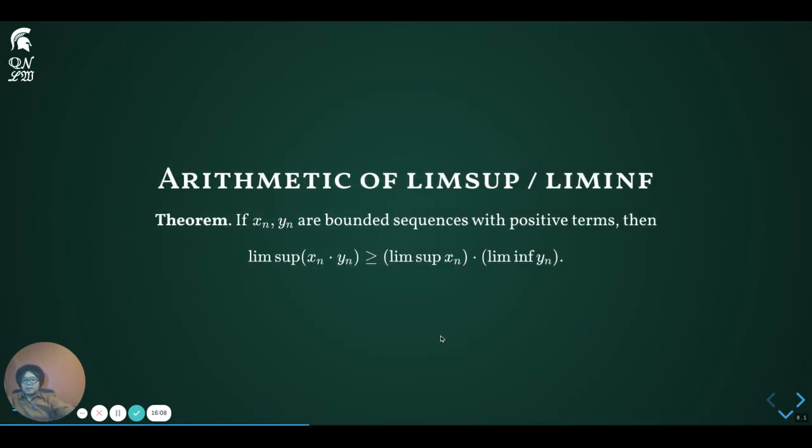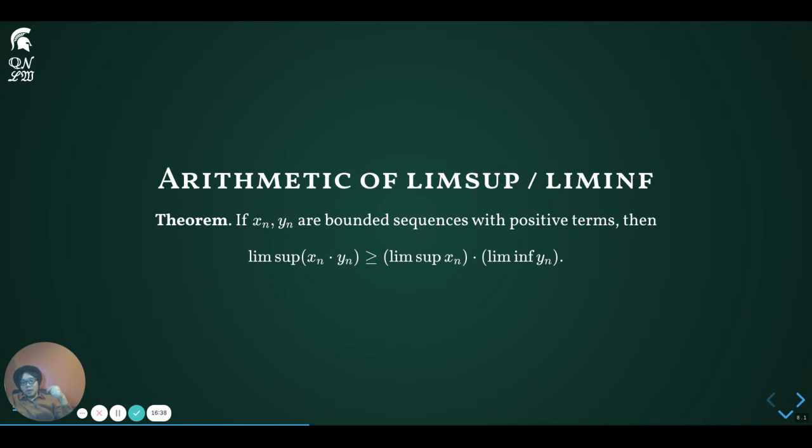This theorem says that the lim_sup of the product sequence is no less than the lim_sup of one times the lim_inf of the other. Going back to the constructive versus destructive interference picture, the largest lim_sup achievable with the product is when the two sequences are exactly in phase, so that the largest terms of one are multiplied against the largest terms of the other.